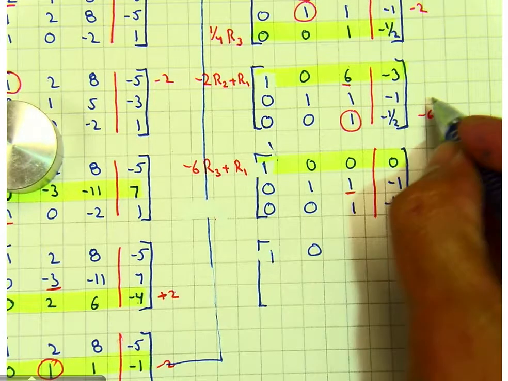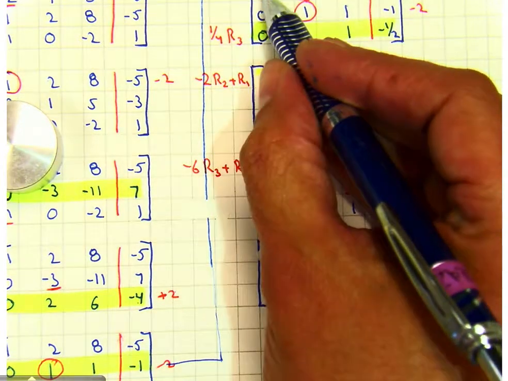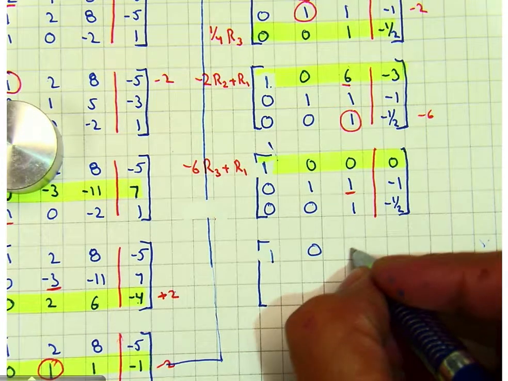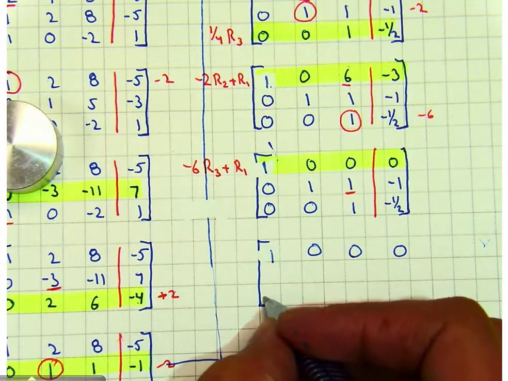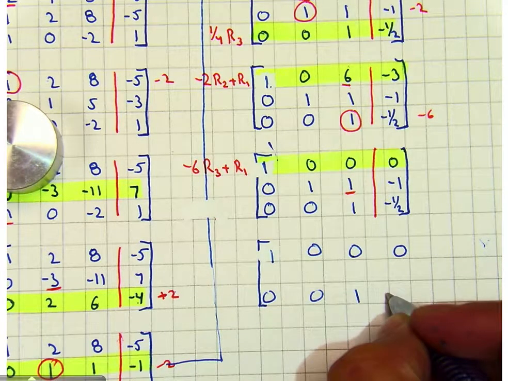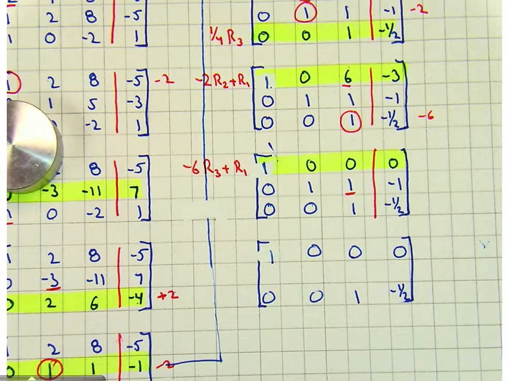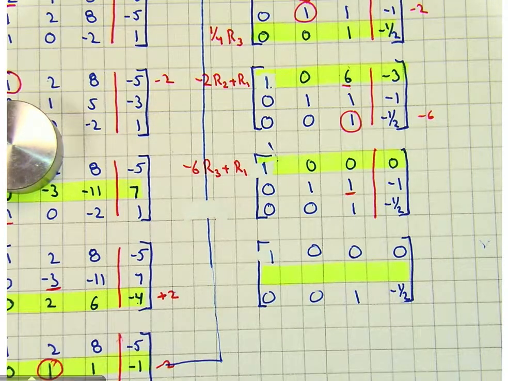That's because whenever I multiply by -2 times 0 is 0, plus 1 is 1. Second row is going to change. The third row will stay the same. And I just need to change the second row. So what do I need to multiply?